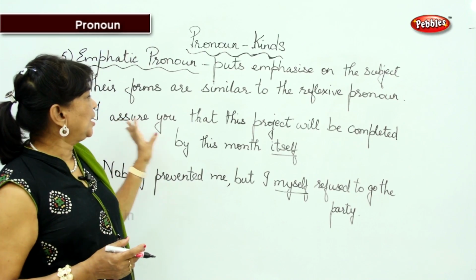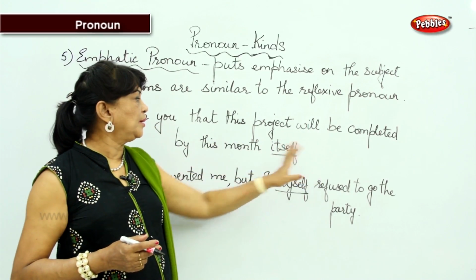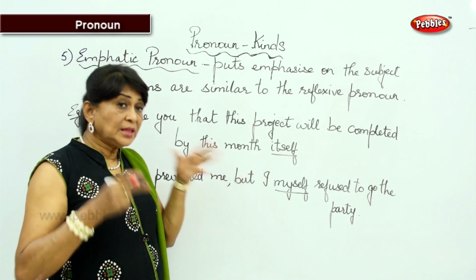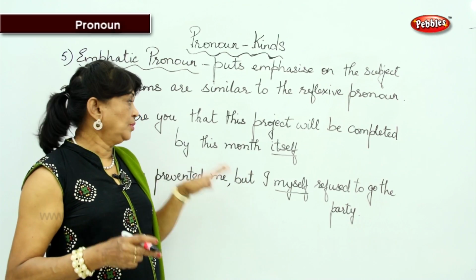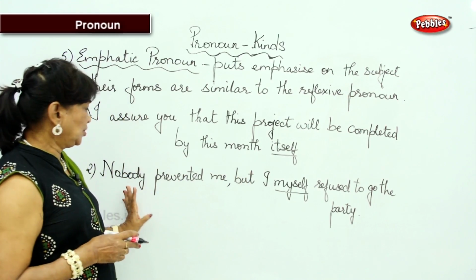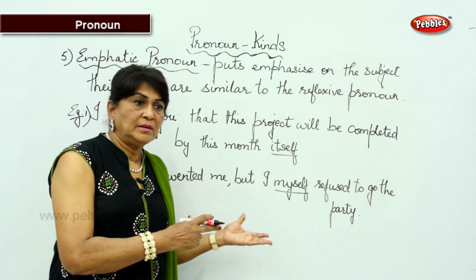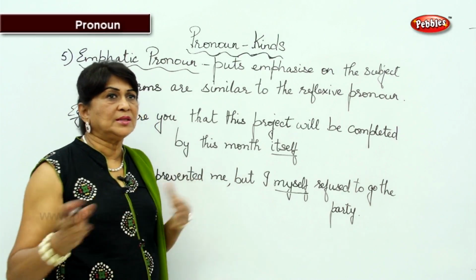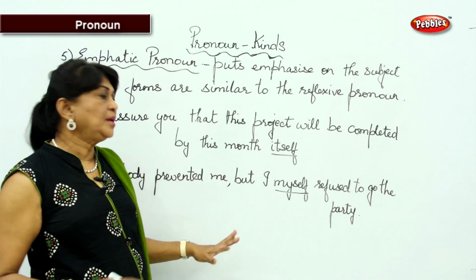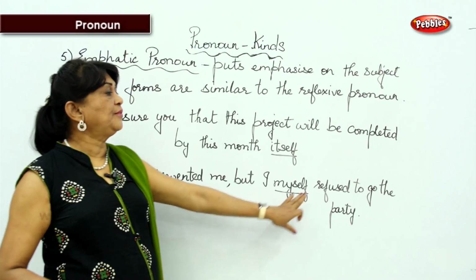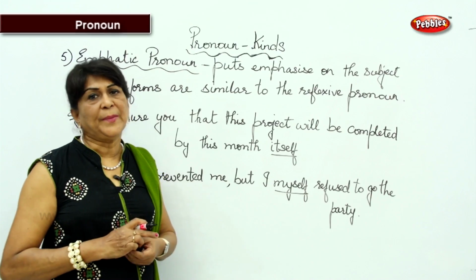Okay, here also, I assure you that this project will be completed by this month itself. So emphasizing, here also nobody prevented me, no, not that person, not Mary or Sita or Ram or Ramesh, but I myself refused to go to the party.